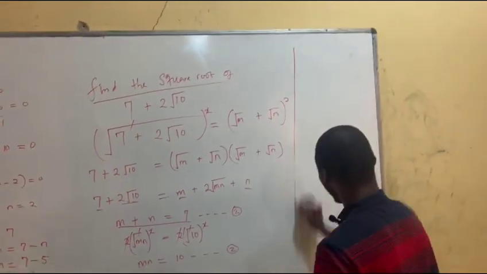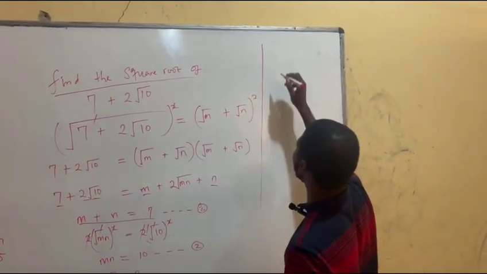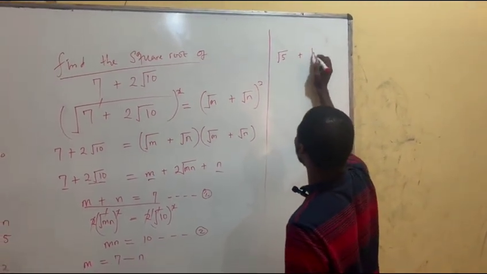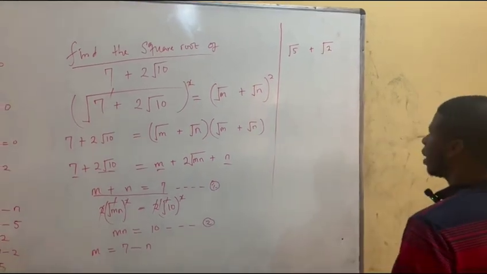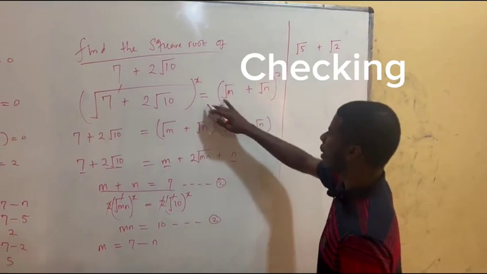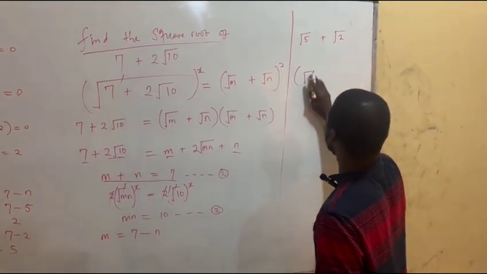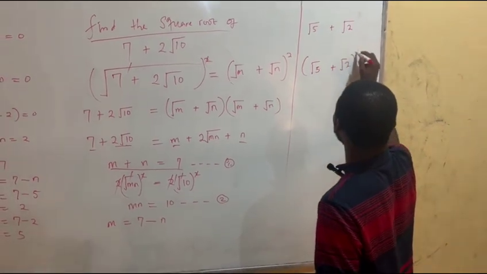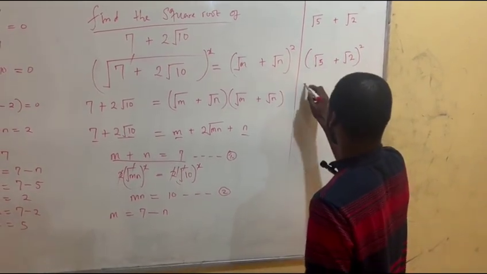So over here, the square root of 7 plus 2 root 10 is simply the square root of 5 plus the square root of 2. Alright, so let's check if we are going to have 7 plus 2 root 10. If I take the square of this, square root of 5 multiplied by square root of 5, we have 5.